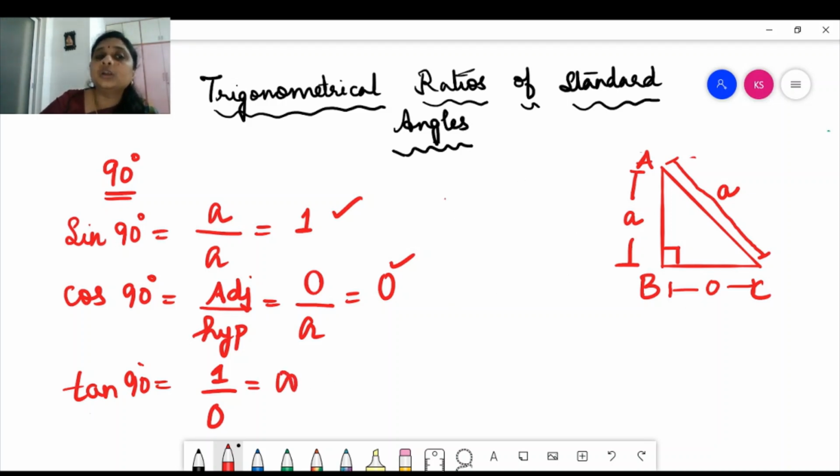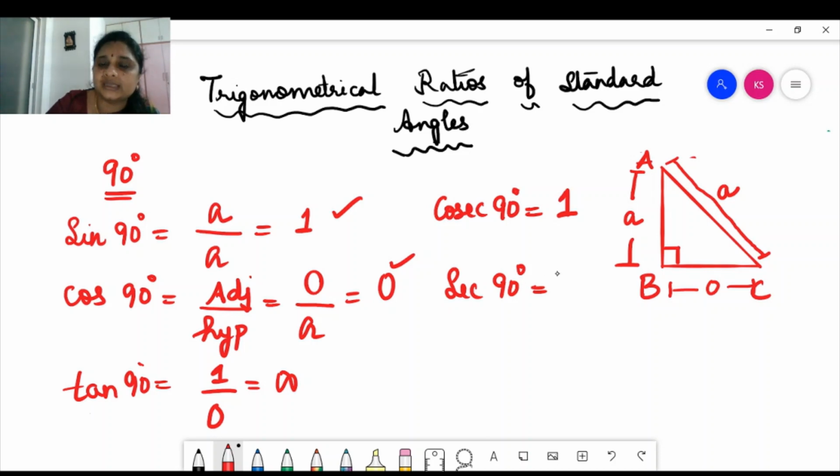Now, what is cosecant 90? Cosecant 90 is the reciprocal of the sine 90 value. That's 1 by 1, that's going to be 1 again. Now, what is secant 90? That's going to be the reciprocal of cos 90. That's nothing but 1 by 0, and that's not defined again, so you're going to get infinity. Now, what is cot 90? Cot 90 is the reciprocal of tan 90.